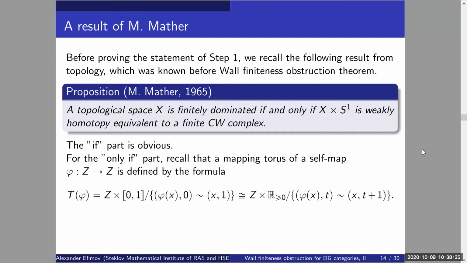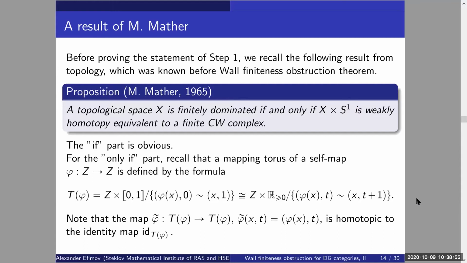There is a notion of mapping torus of a self-map phi from Z to Z. In topological spaces it's just Z cross the interval, modulo the relation phi of (x,0) equivalent to (x,1). This is of course the same as: you can multiply by non-negative real numbers and identify pairs (phi of x, t) and (x, t plus 1).